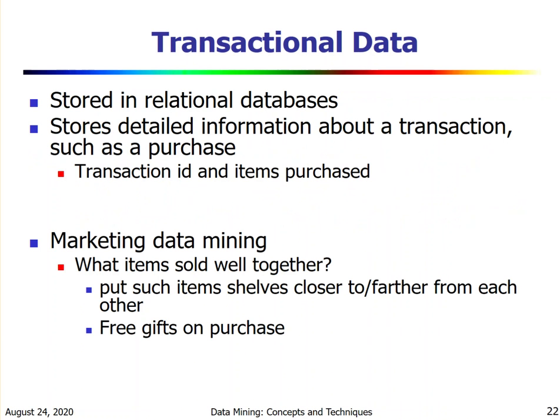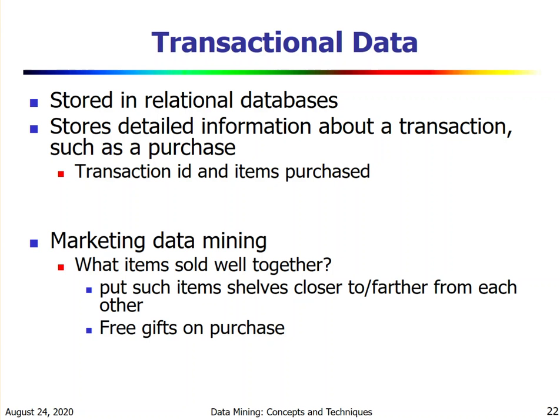So we mentioned earlier a data warehouse is aggregated data. We don't get individual transactions. Individual transactions are found in relational databases, and they are also a source for mining.